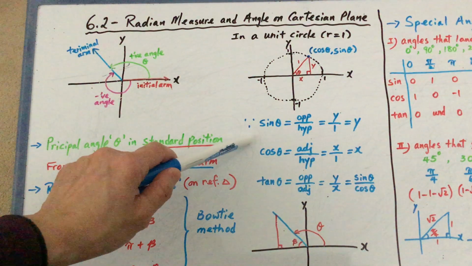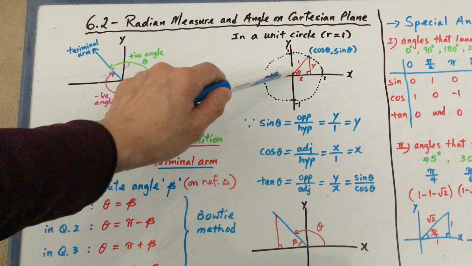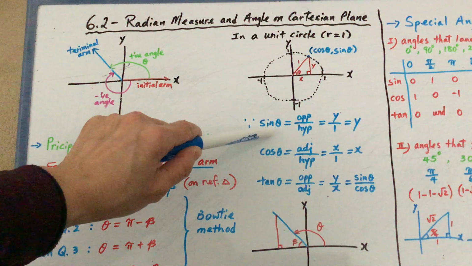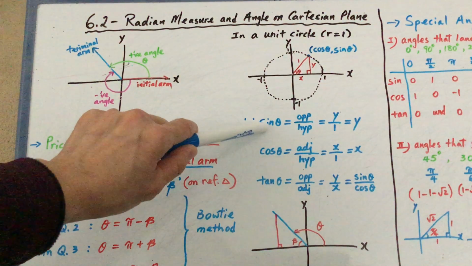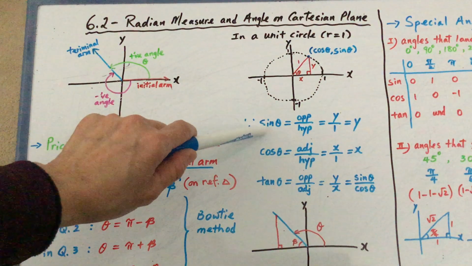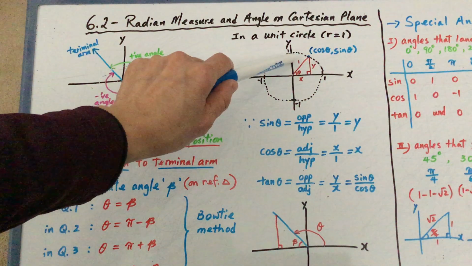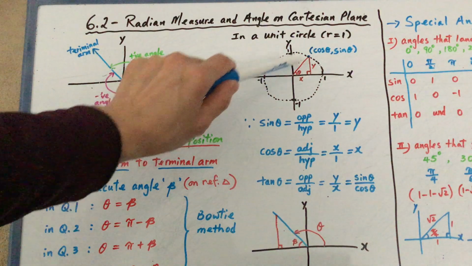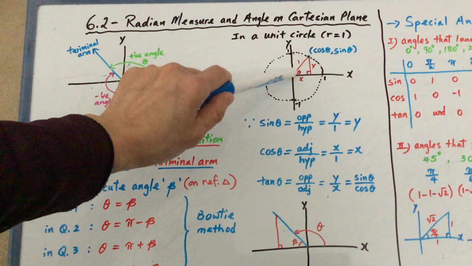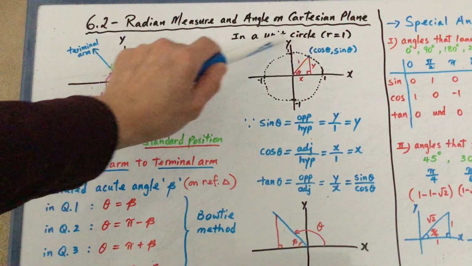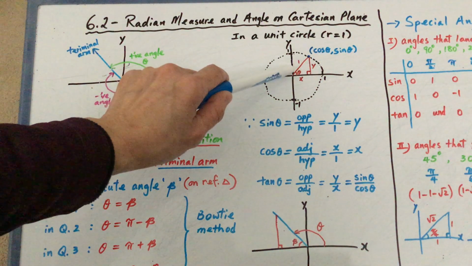And the proof is because if we are taking the sine of that angle, according to SOHCAHTOA, the sine of theta is equal to the opposite over the hypotenuse. Since the hypotenuse on this diagram is always equal to 1, because this is a unit circle where the radius is always equal to 1.